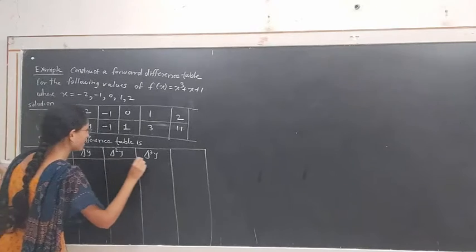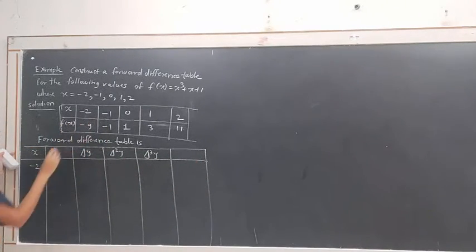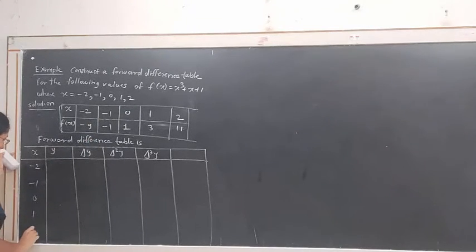The first value of x is minus 2, next value of x is minus 1, then 0, 1 and 2.